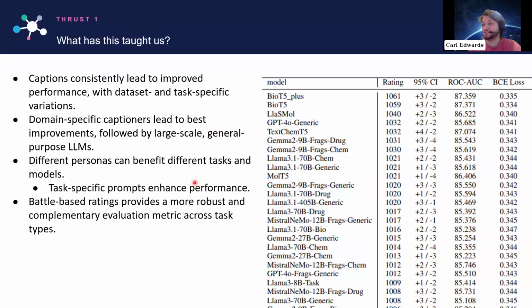Different personalities can benefit different tasks, and task-specific prompts do improve performance. Also, battle-based ratings are useful for combining different types of tasks like regression or classification, and seem to be more robust when comparing these different types of tasks. It's a complementary way of evaluating.